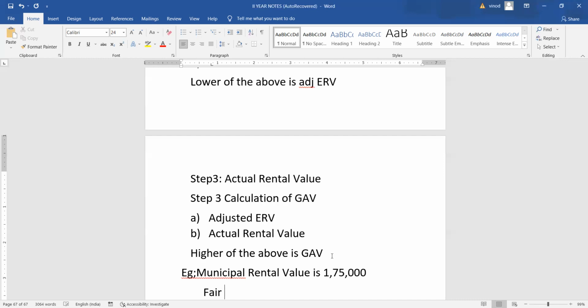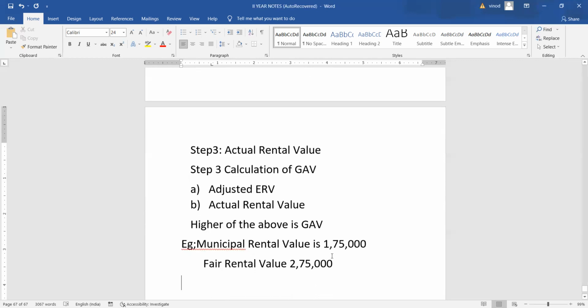Fair rental value is 2,75,000. Standard rent is 2 lakhs.